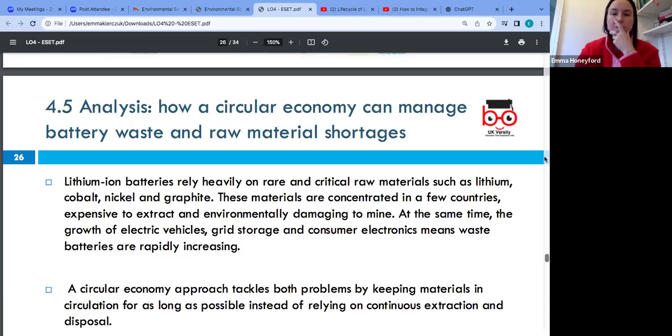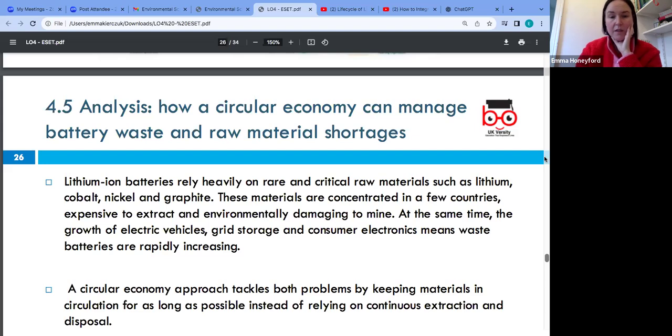We can reuse, and given that a lot of the batteries are hard to extract, lithium does rely on rare and critical raw materials such as lithium, cobalt, nickel and graphite. So we know that there's an impact in different countries of this extraction, so it's just having an awareness of that.